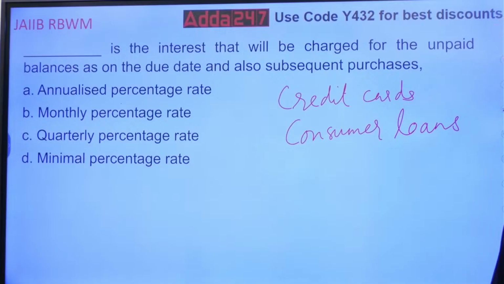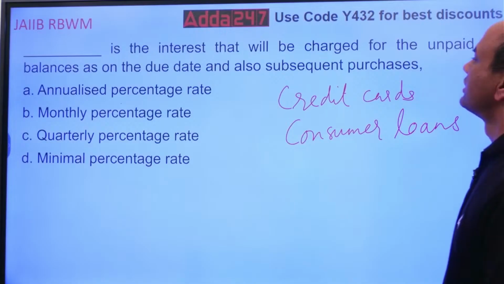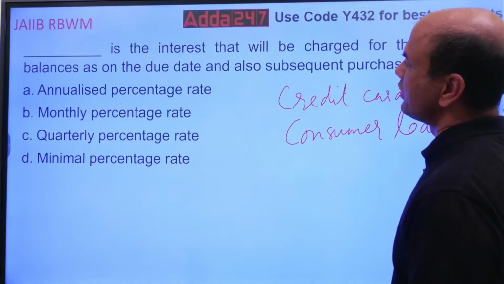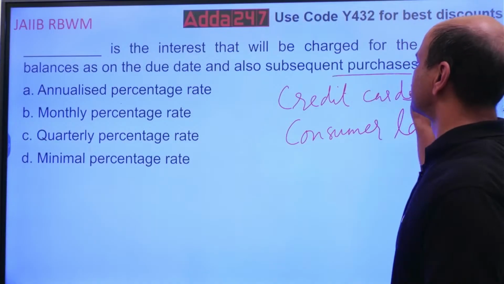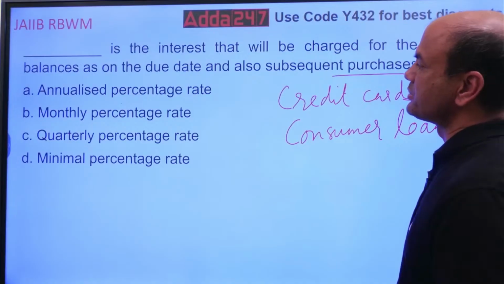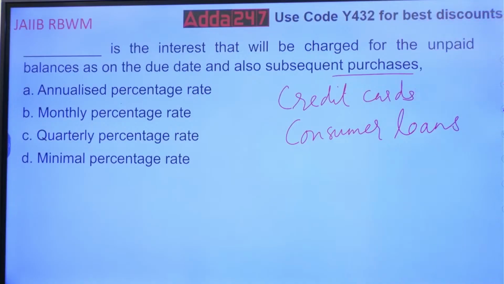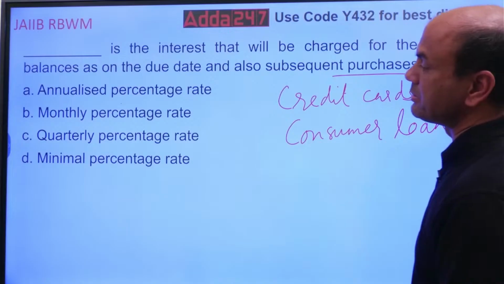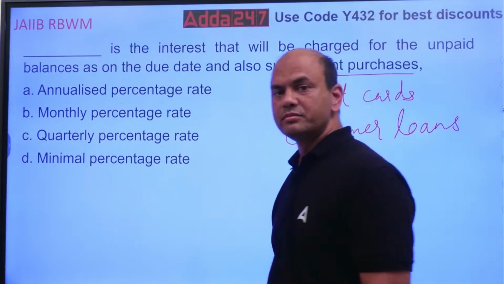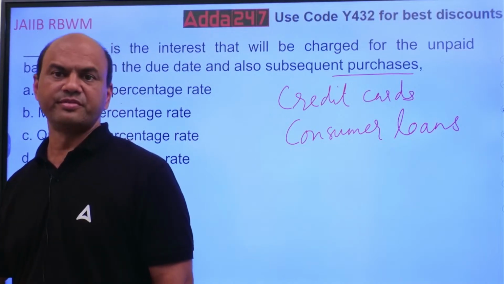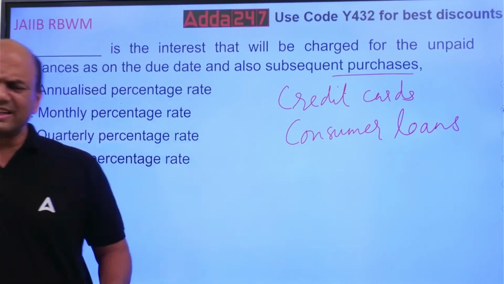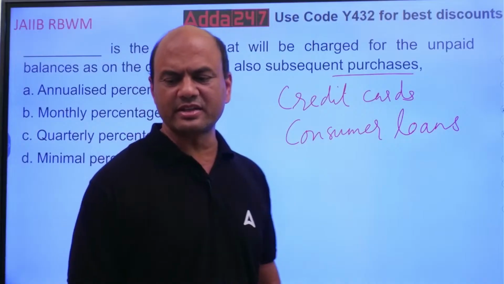Dash is the interest charged on unpaid balances on the due date and also on further purchases. Options: annualized percentage rate, monthly percentage rate, quarterly percentage rate, and minimal percentage rate. So what is charged? Mainly in credit cards you will see this.